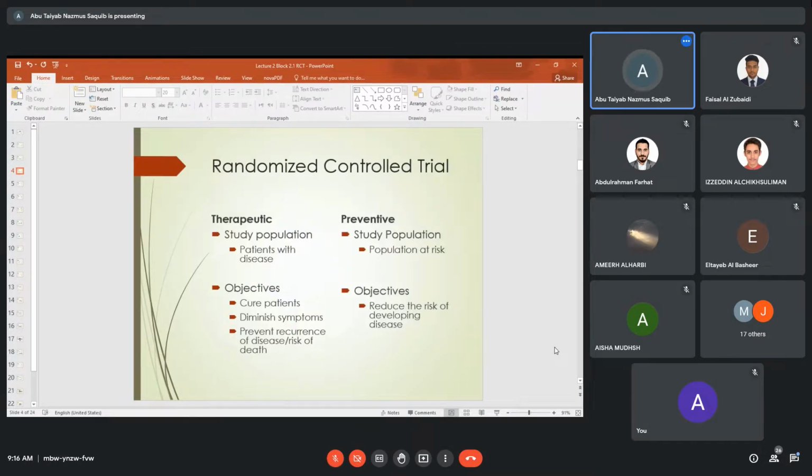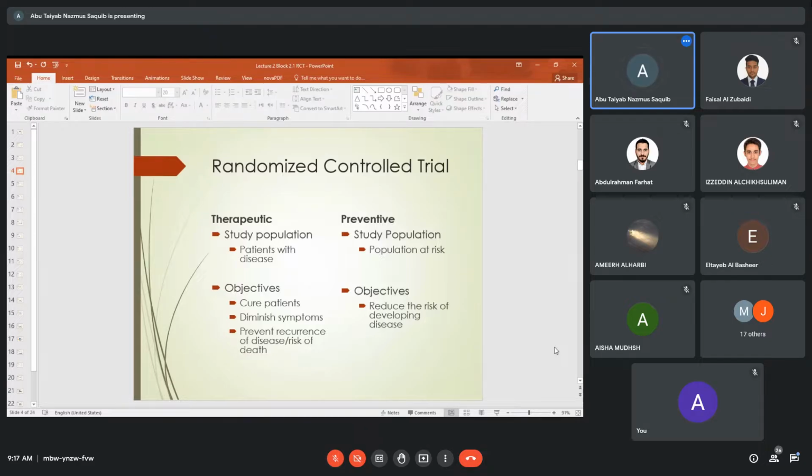Now, when we think about the randomized controlled trial, there are two types: therapeutic and preventive. As the name implies, therapeutic trials deal with patients and preventive trials deal with healthy people. I shouldn't say healthy people, but non-diseased people who are at risk of developing the disease.